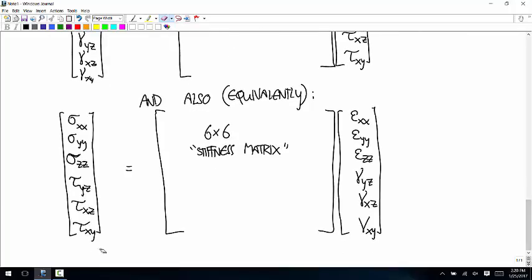So the compliance matrix is the inverse of the stiffness matrix, and vice versa. Remember, there's the same relationship between compliance and stiffness. The stiffness matrix we're going to use is always multiplied by the Voigt strain.